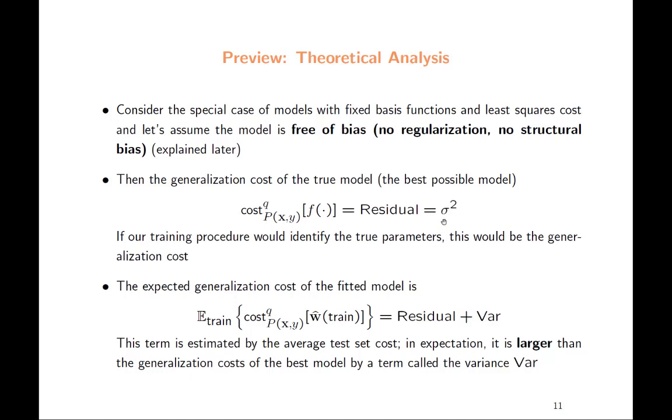One is the residual, sigma square, plus what will be called the variance. This makes the test error larger than the residual. This term is estimated by the average test set cost, the thing on the left side. The expectation is larger than the generalization cost of the best model by the term called the variance. You get expressions for that later.